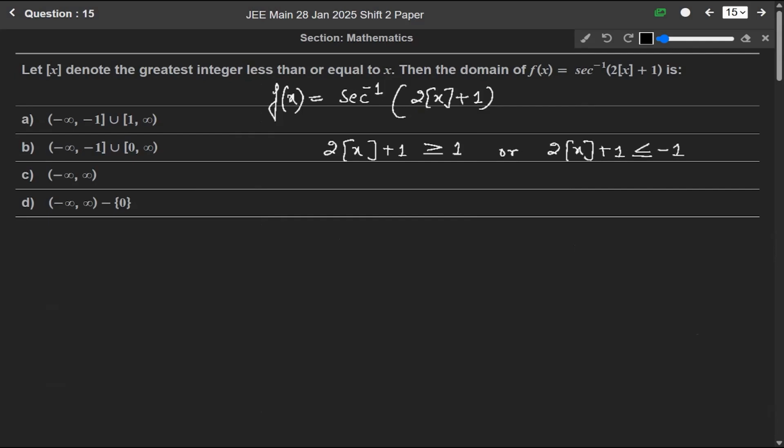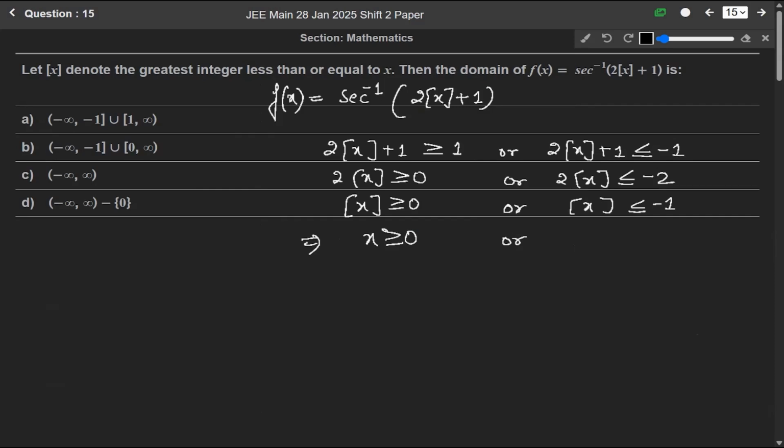Okay, so if it is greater than or equal to 1, then 2x will be greater than or equal to 0, and if it is less than or equal to minus 1, then 2x will be less than or equal to minus 2. So from here x is greater than or equal to 0, or from here x is less than or equal to minus 1. So this implies that x is greater than or equal to 0, or x is less than or equal to 0.